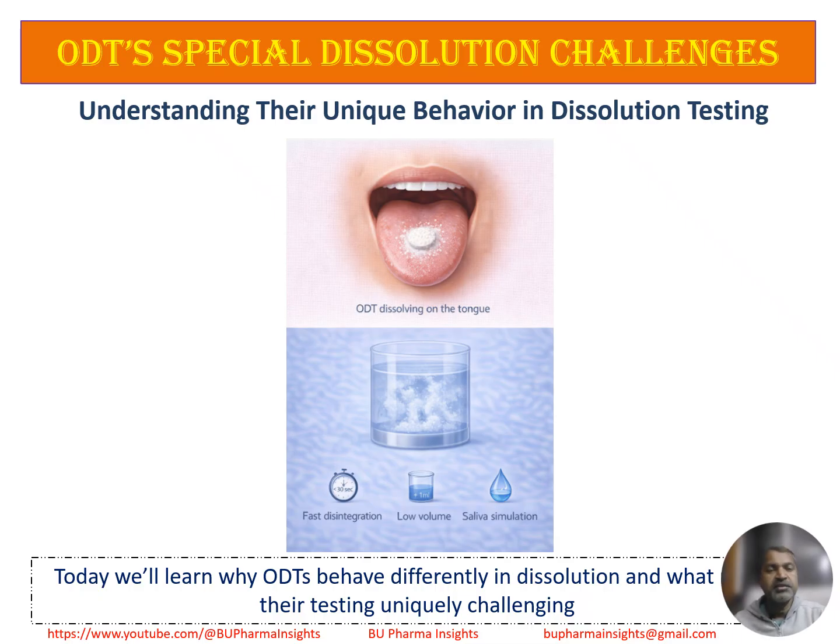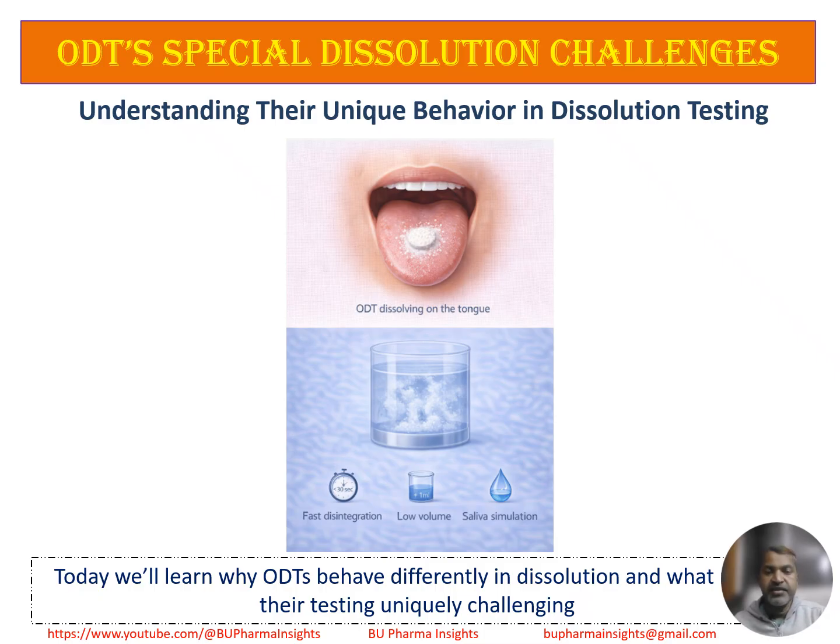For ODTs, dissolution testing must reflect two key aspects: very fast disintegration followed by complete drug release. So the goal is not just speed, it's to ensure rapid breakup in the oral cavity and reliable drug release under standard lab conditions.